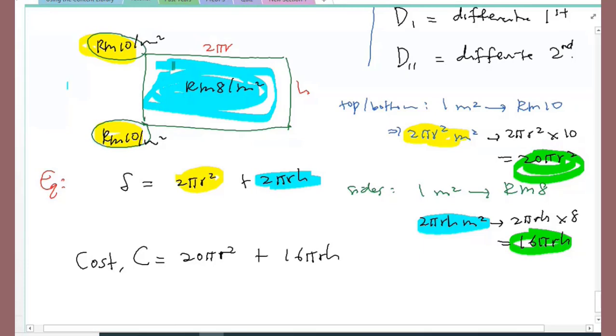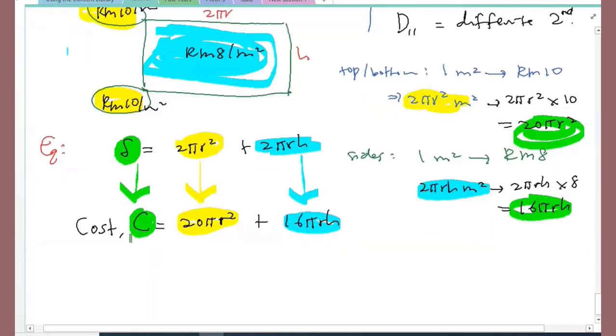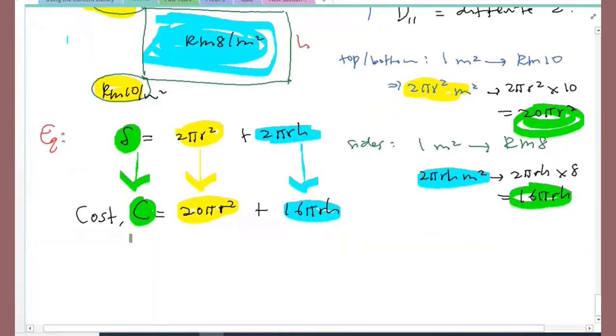Remember, this one is from earlier, and this one is for the side. Now it involves cost from surface to cost. Do you all understand so far? Okay so far? Surface.